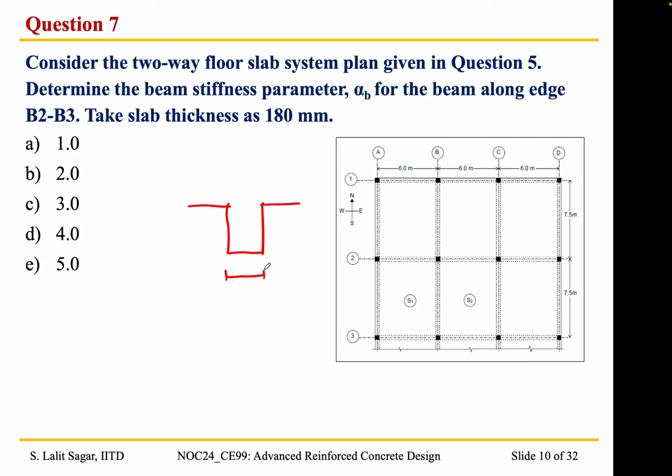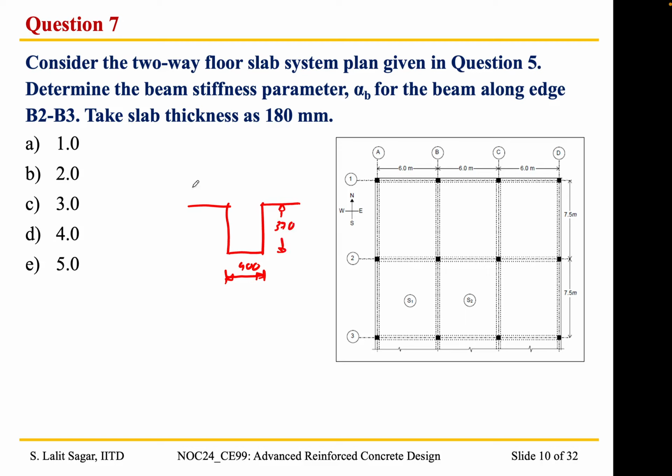For those who are watching the recording later, just so that it makes sense for them, I will write down. So this would be 400, and this depth of the web is 370.